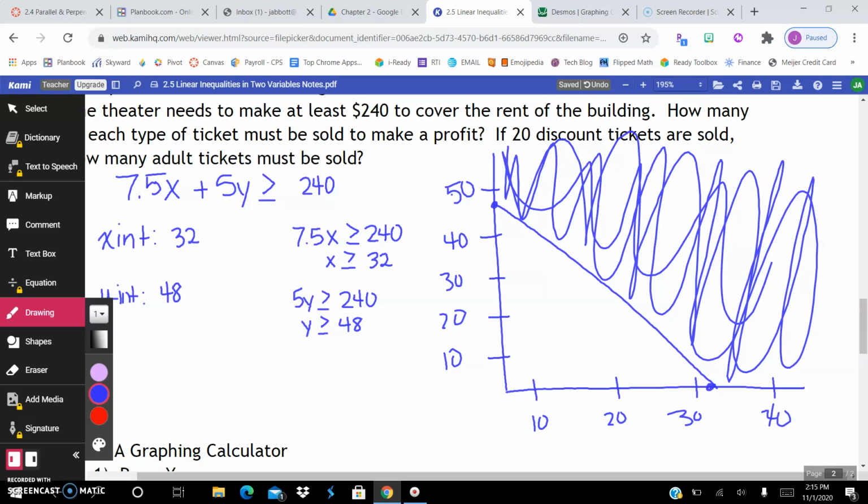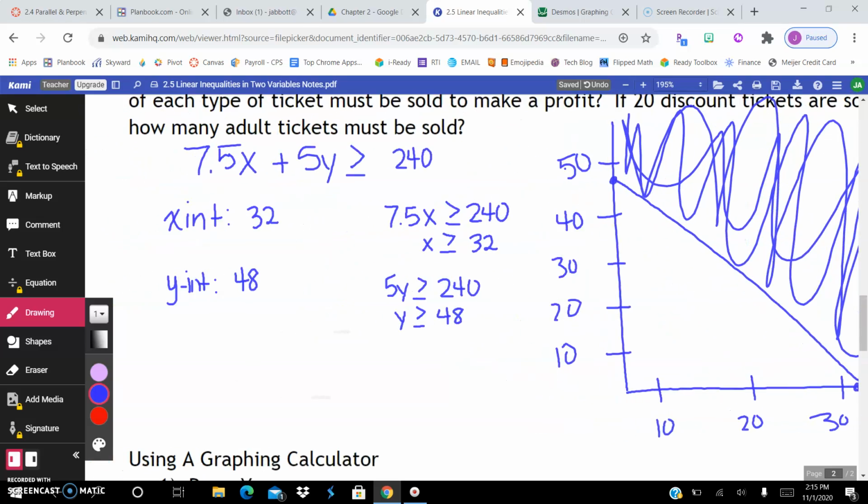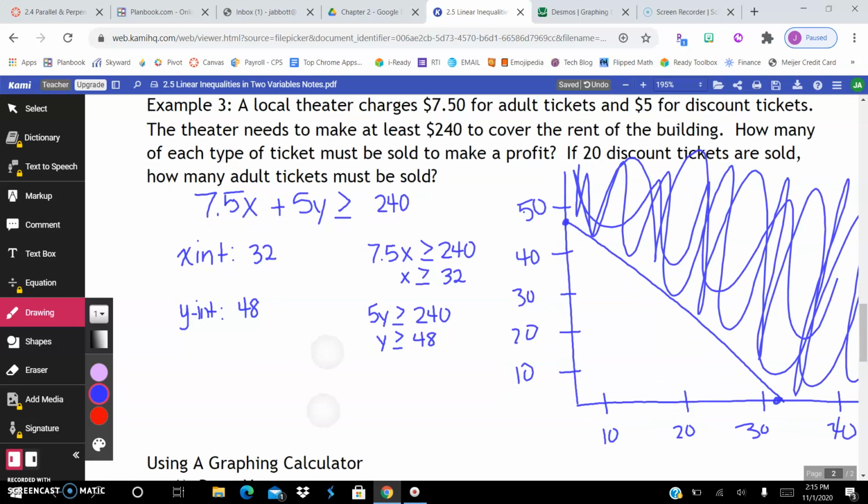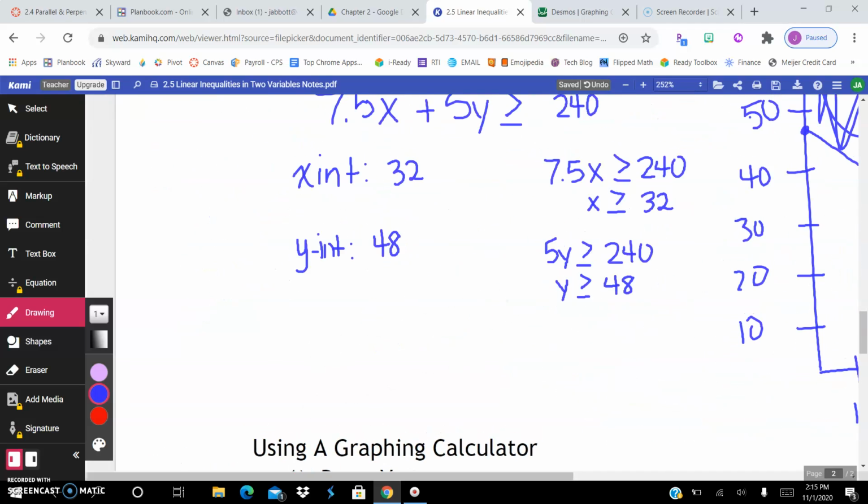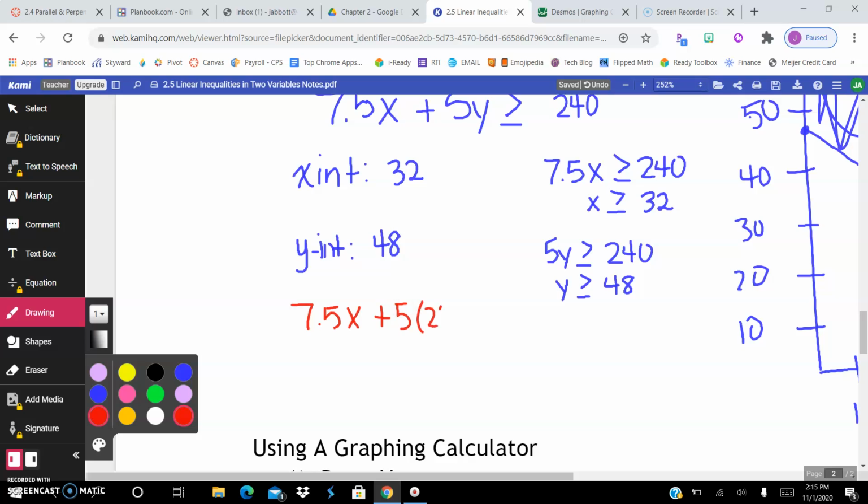And then our second question says, if 20 discount tickets are sold, how many adult tickets must be sold? So our discount was our $5 ticket. So they're telling us that we sold 20 of those. So if I plug in 20 for our y and solve this, we would have 7.5x. 20 times 5 is 100.